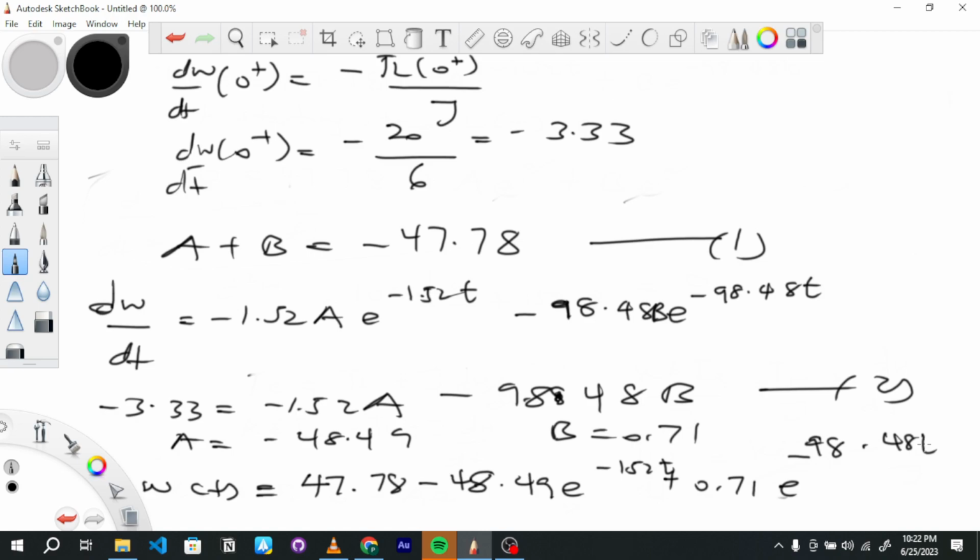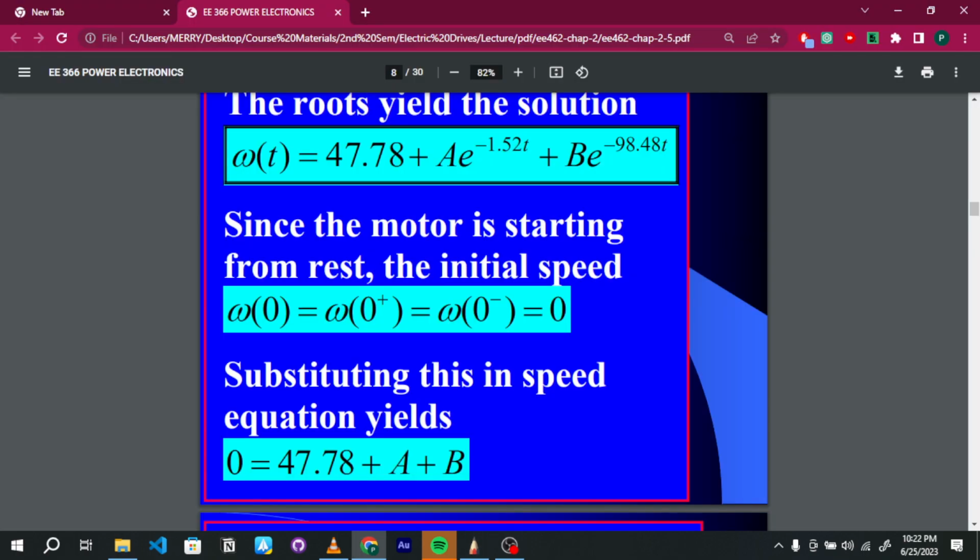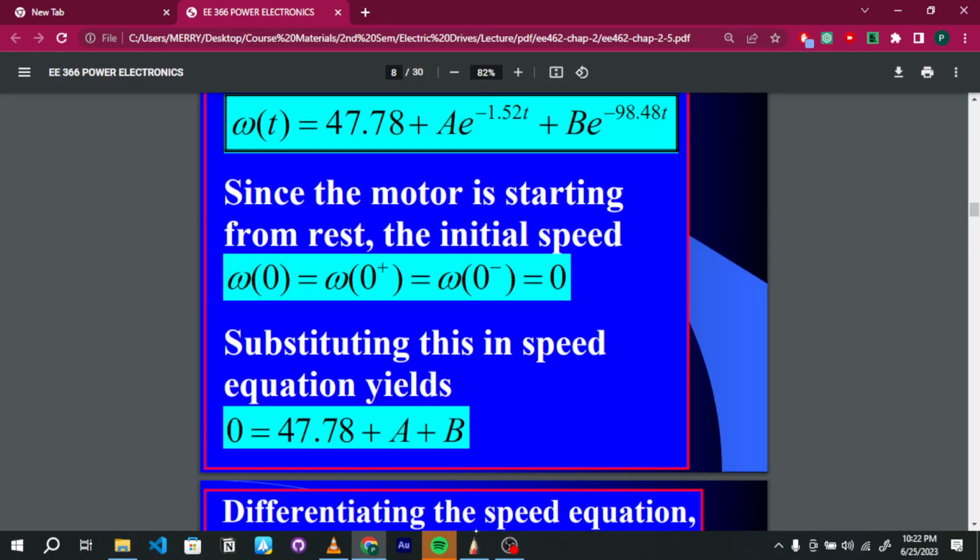So that's the expression that we get in the end. That's what was done here.